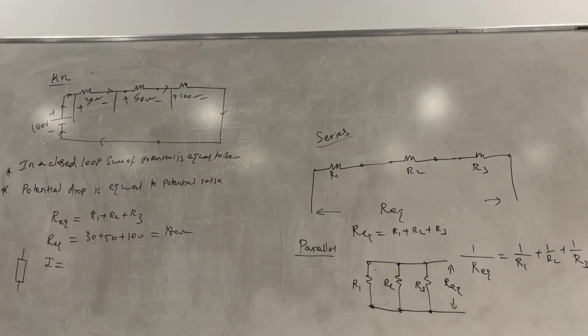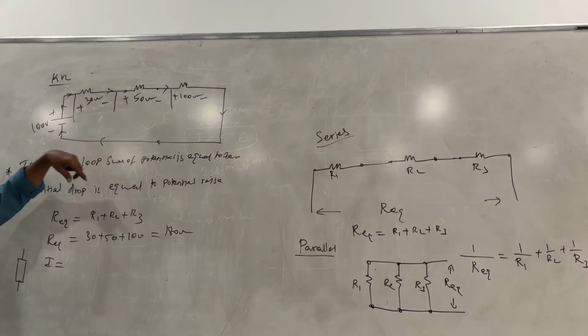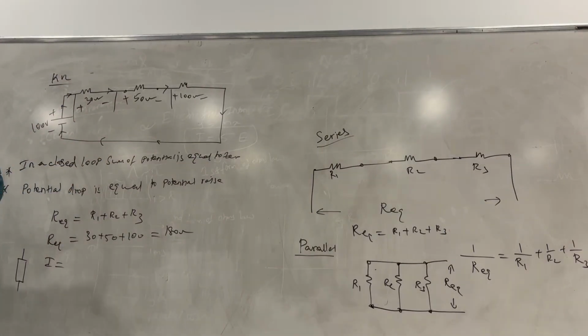In a series circuit, see, there is only one path from starting point to ending point. If there is only one path, there is only one current. If more than one path exists from positive to negative, then current will split. Simple.